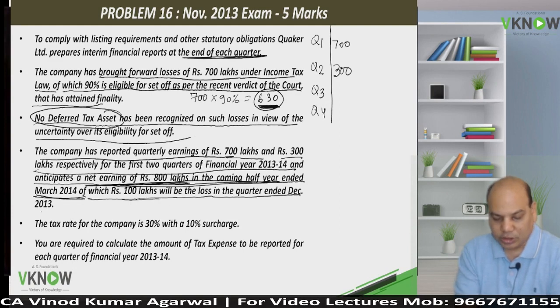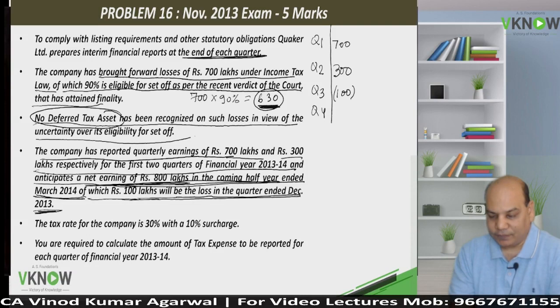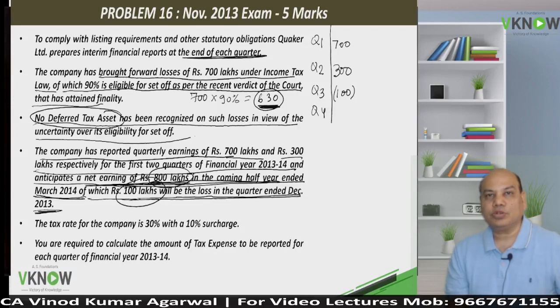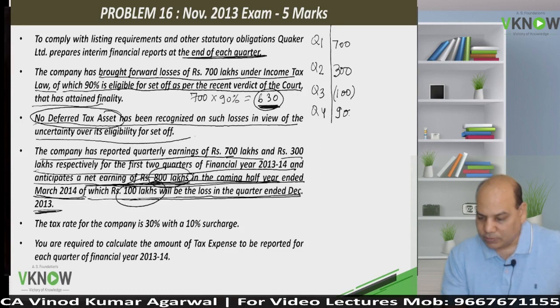will be in the quarter ended 31st December 2013. So third quarter will have a loss of 100, and third and fourth quarter together will have a net profit of 800, which means the income of the fourth quarter will be 900.